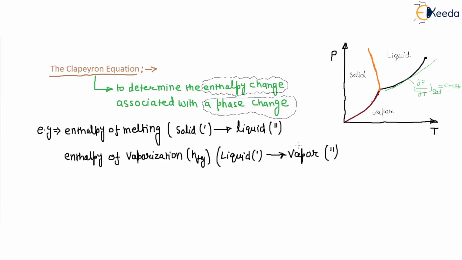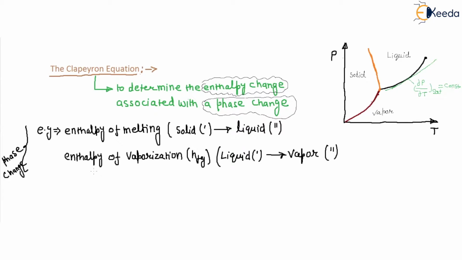So with this we calculate the change in enthalpy during phase change. During the phase change process we can easily calculate the change in enthalpy with the help of the Clapeyron equation.